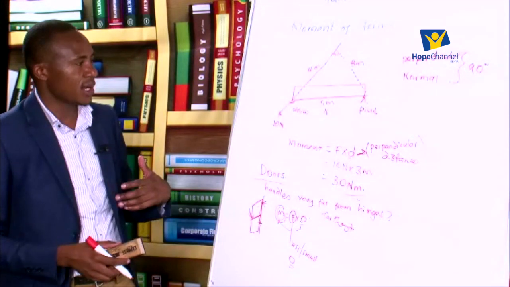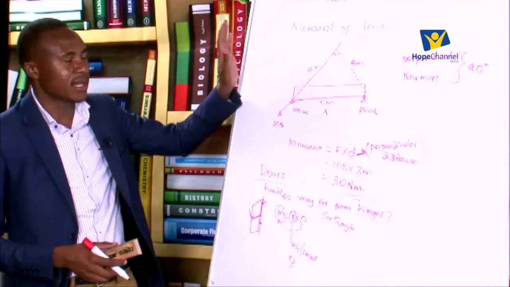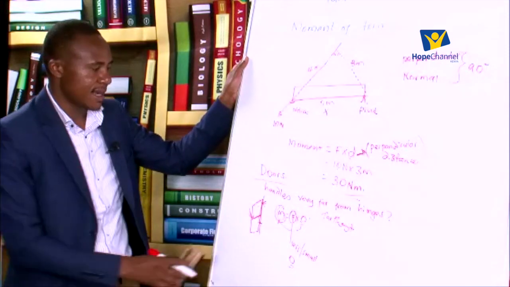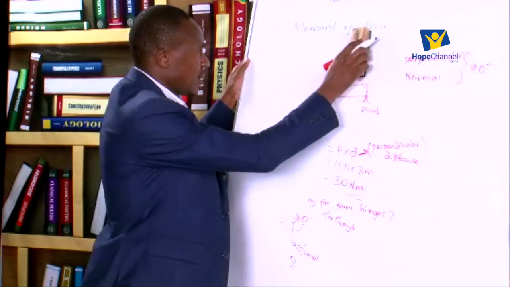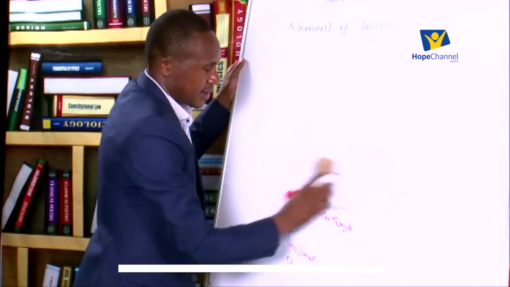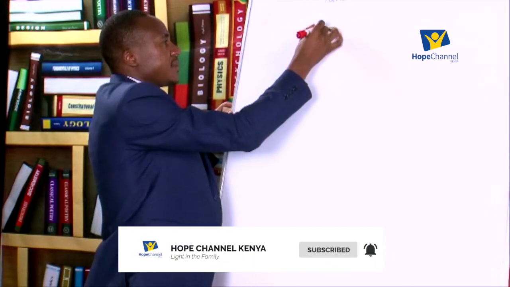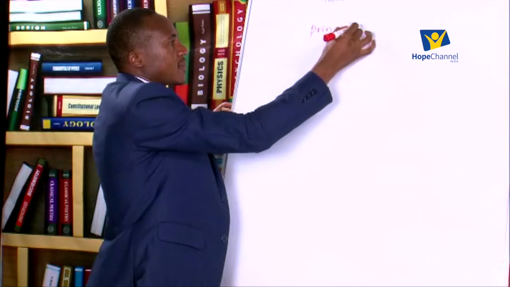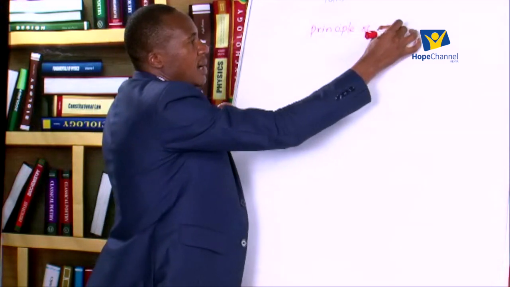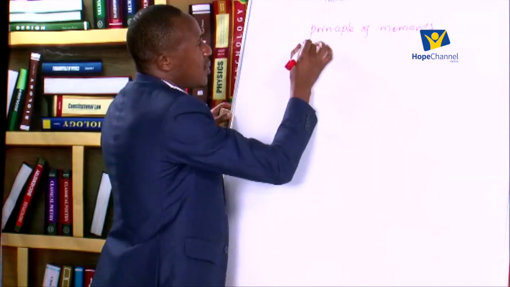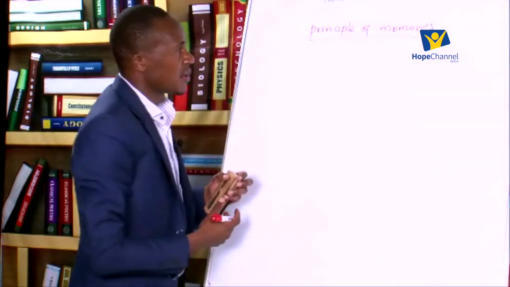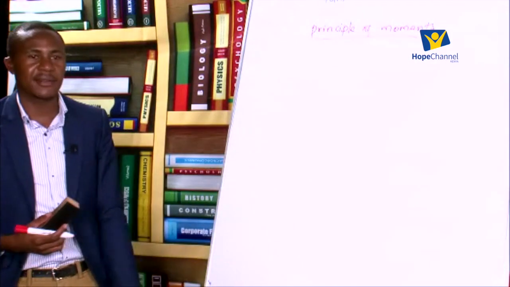So now we are going to build on this and talk about the principle of moments. Now in the principle of moments, we are going to advance the number of forces we are considering on a given object.